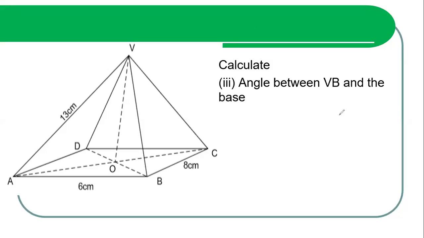Now, how? We said look out for your base. When you look at the figure, this is your base. Then look out for VB. V is here, B is here, so I connect like this. The angle I'm forming is like this, where this is V, this is O, and this is B. This is 90.